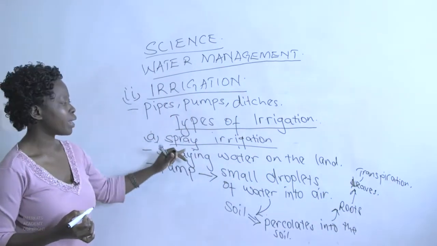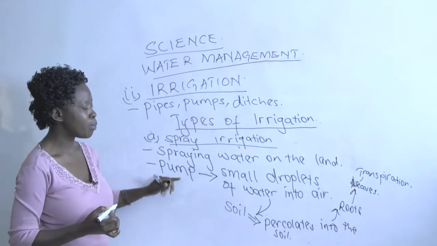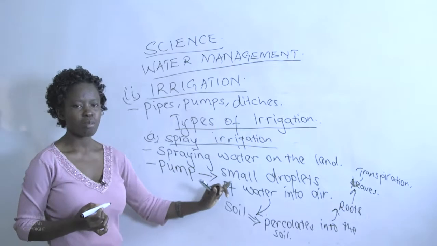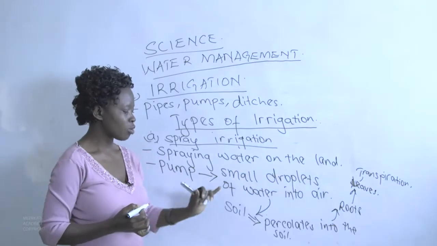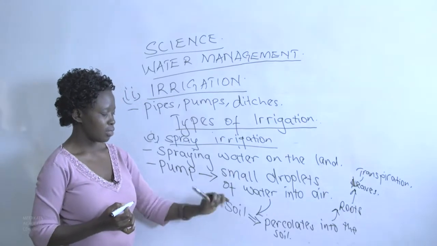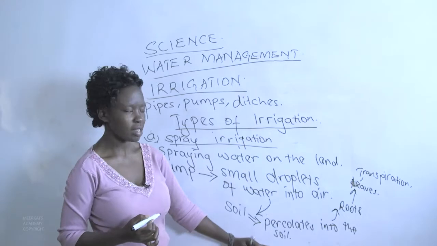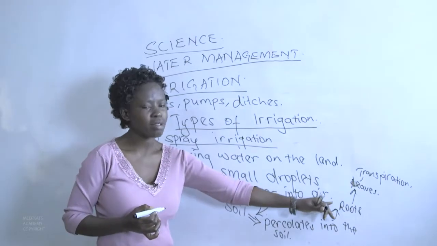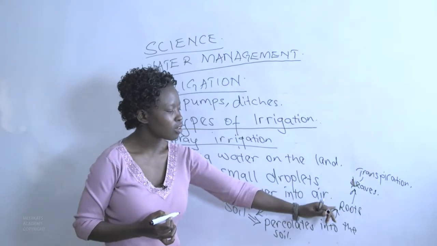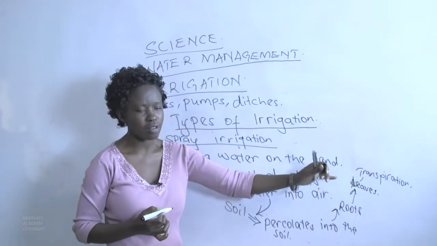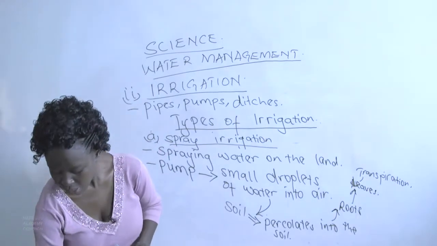So the spray irrigation, we are simply talking about a pump forcing out small droplets of water into the air. So it lands on the soil. Then after it has landed on the soil, the percolation process takes place. The roots take up the water from the soil. Then the water moves up the plant to the leaves, where it ends up transpiring the water.